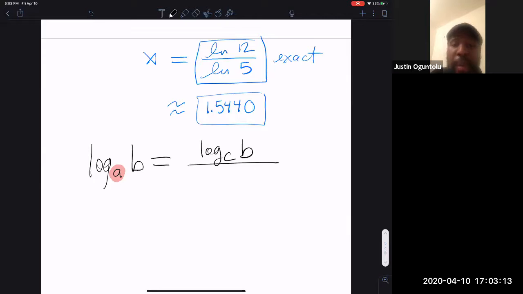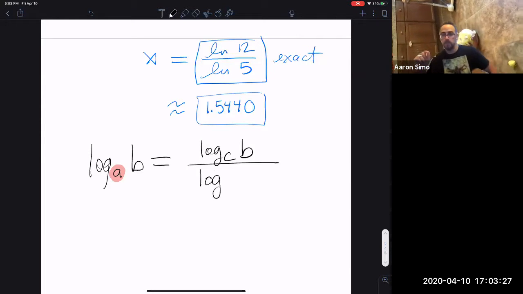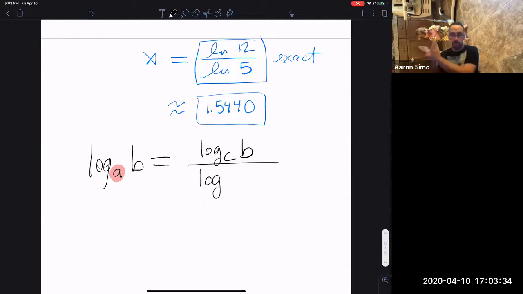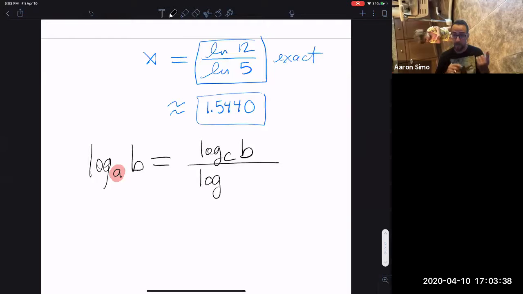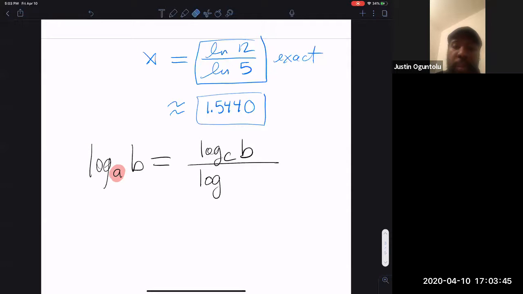Okay, over log base A of B. No, you have to go to the same base. You're changing to base C. Remember, you're starting at base A and you're converting to base C. Most of the time we convert to the natural or the common log, so C is 10 or e.